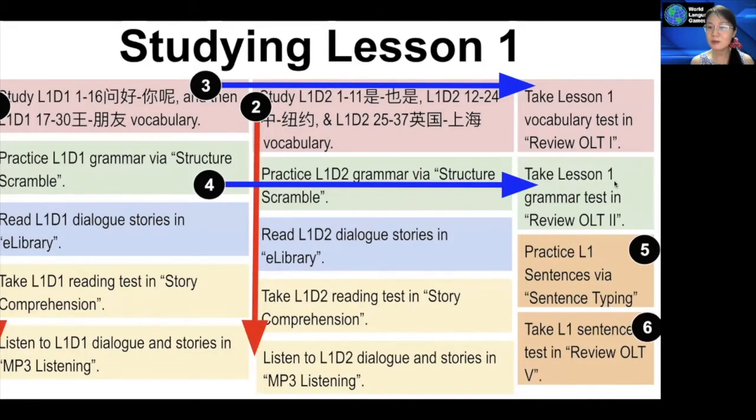To take the lesson 1 grammar test, of course, I want you to review again, review with lesson 1 dialogue 1 grammar through structure scramble and lesson 1 dialogue 2 grammar through structure scramble. Then you go to the grammar test by selecting review OLT 2.